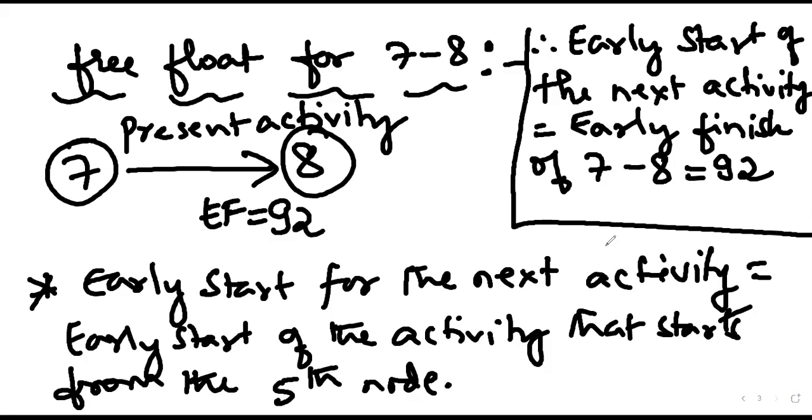So this is how we calculate. So in this case, the free float value will be equal to 0 because it will be 92 minus 92.